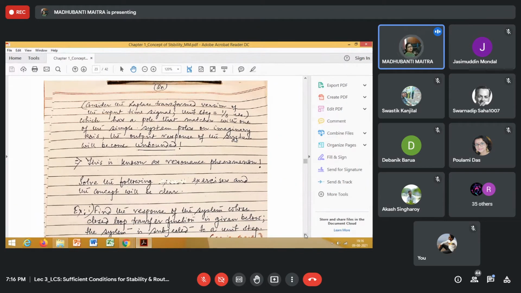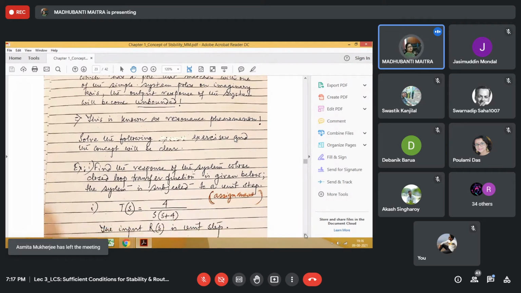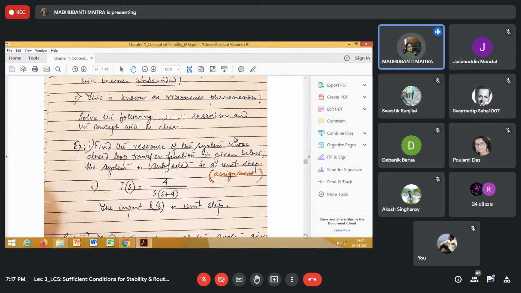So this is known as the resonance phenomenon, also known as instability due to resonance. Have you understood this?